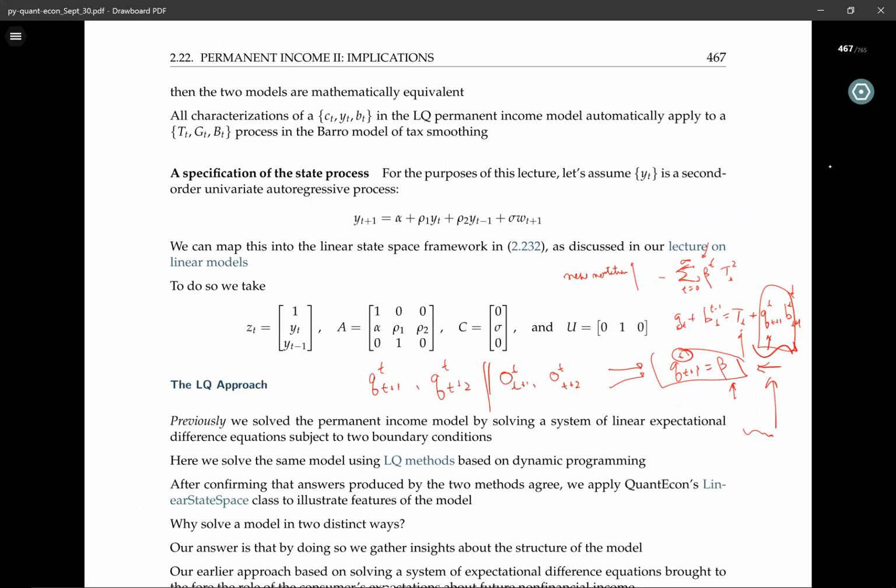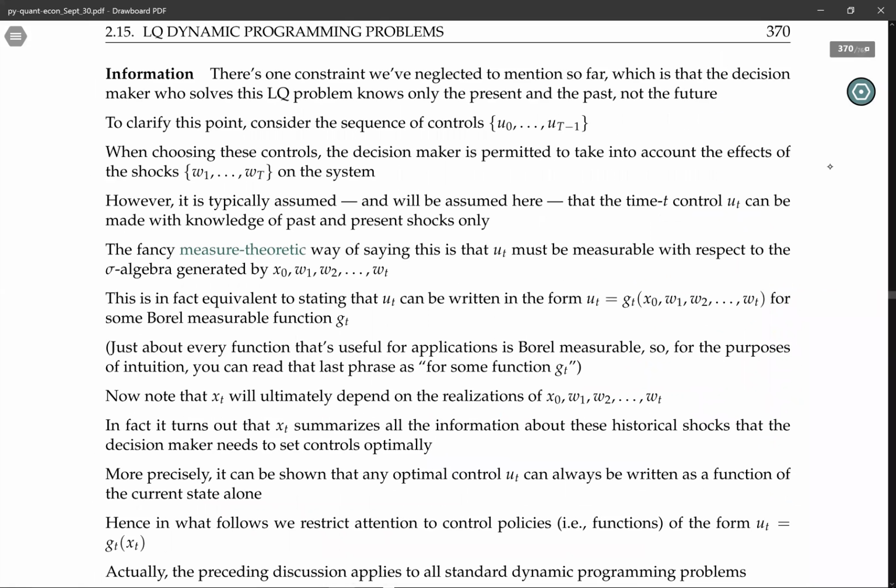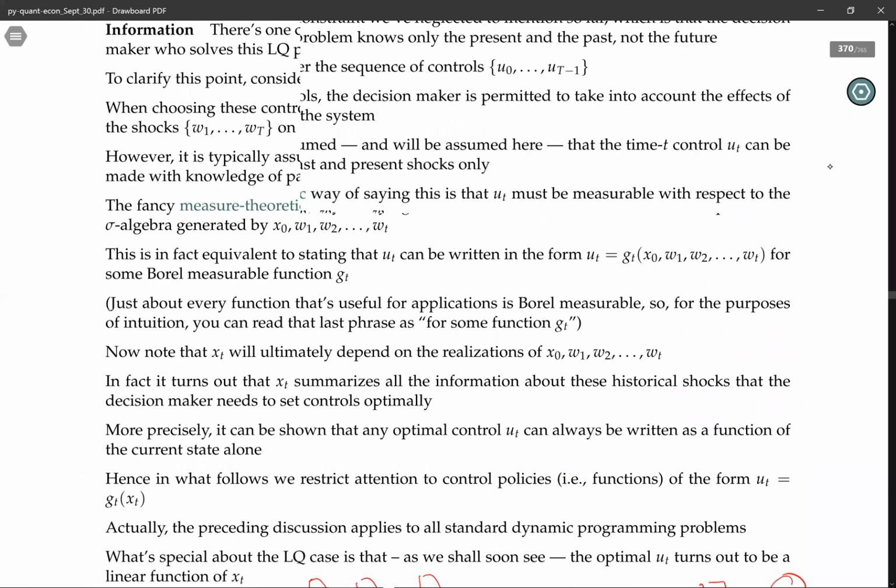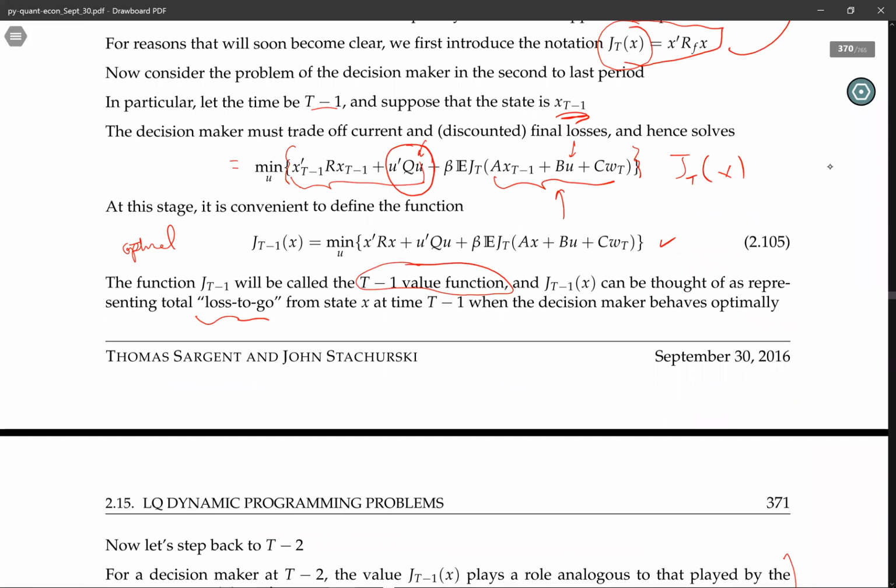So if you're willing to invest a couple hours in trying to digest the structure of this dynamic programming problem and the power of backward induction, I think there'd be some big payoff to it. So I'm just going to go back and I'll conclude, I hope, by showing you this key equation.